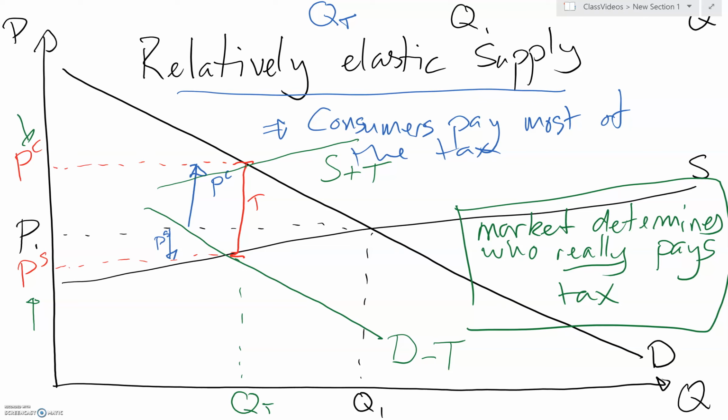But it's the market that's going to determine who really pays that tax. And by that I mean how much the price consumers and producers pay and receive have gone up and down as a result of the tax. So the government can explicitly tax one or both sides of the market, but it's the market that's going to work out who sees the biggest changes in the price they're facing.